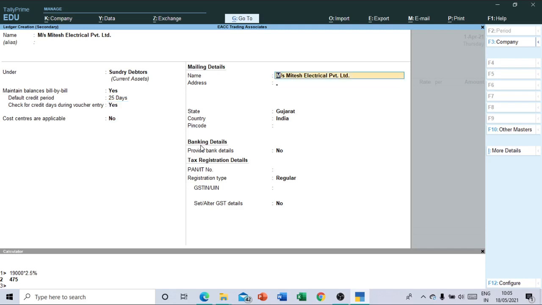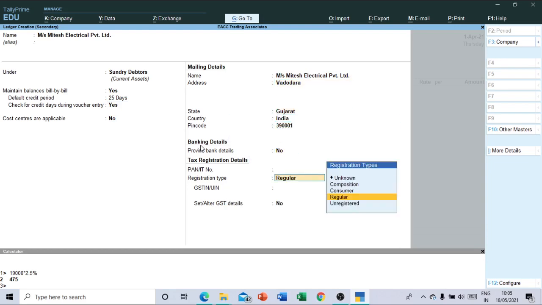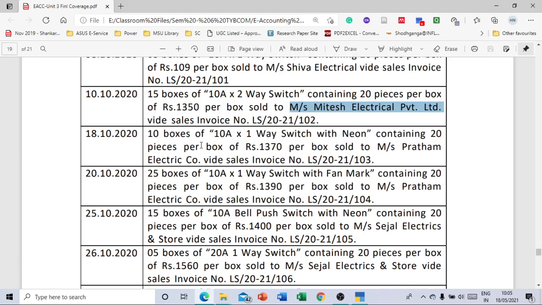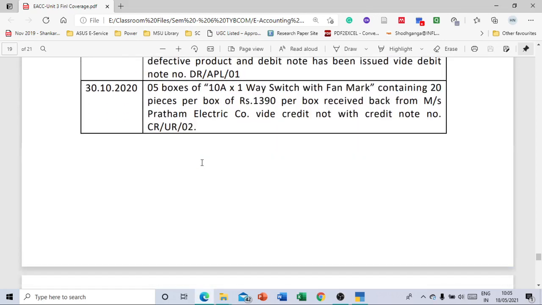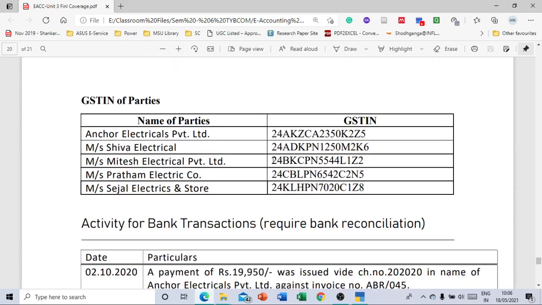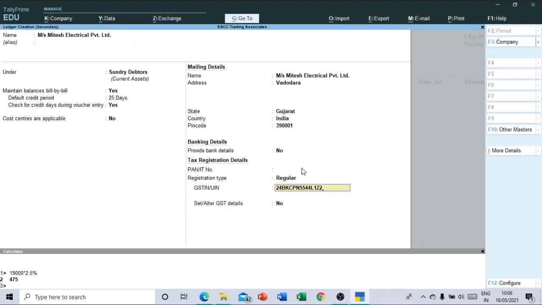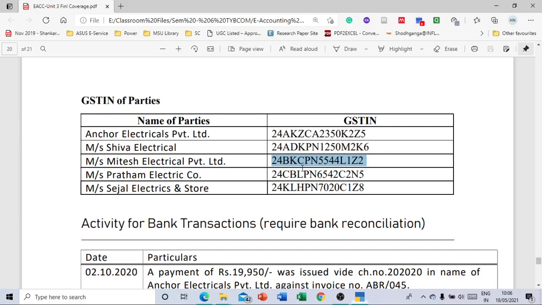Yes, cost and capital not to be done. The regular GST number I give you from below. What is the Electricals number? I have the number with me, I just copy paste it. Yes, save. Okay, I will come back to my entry.